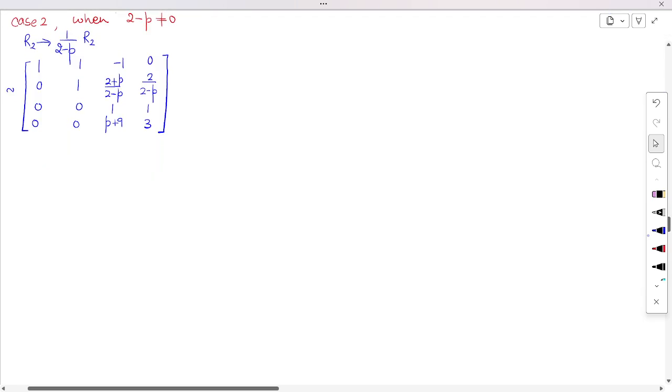Now to make this entry 0, we multiply row 3 by p plus 9 and subtract it from row 4.